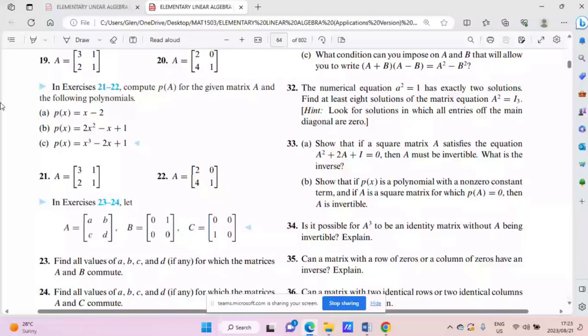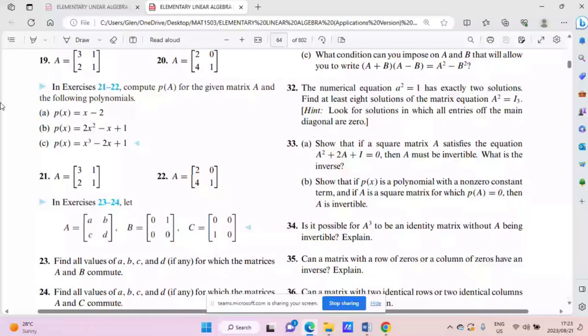Our equation is P of x equal to x minus 2, right? In place of x, we replace x with 2 0 4 1, right?